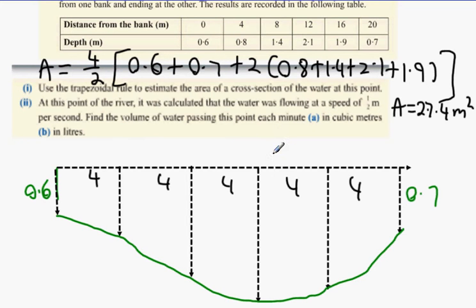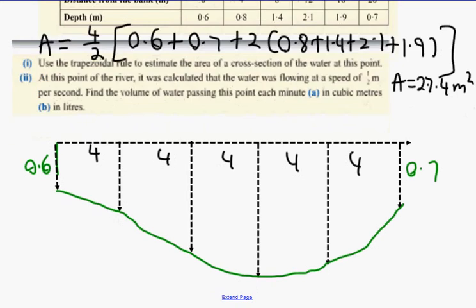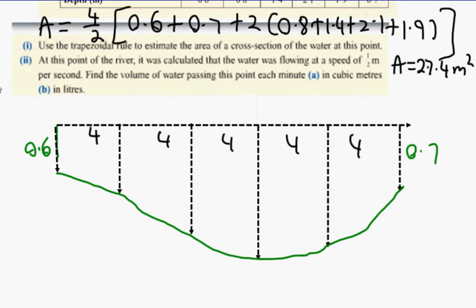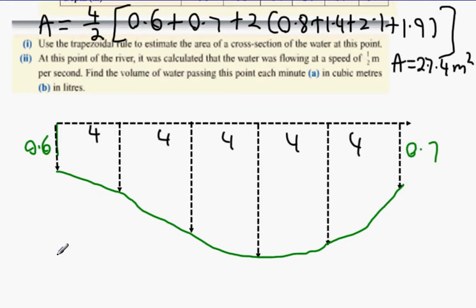So what we did earlier in the course is this. If you have a cross face of a certain area, imagine this is your river depth, it goes back up. You can always multiply your area by your length, and that's how we get volume.